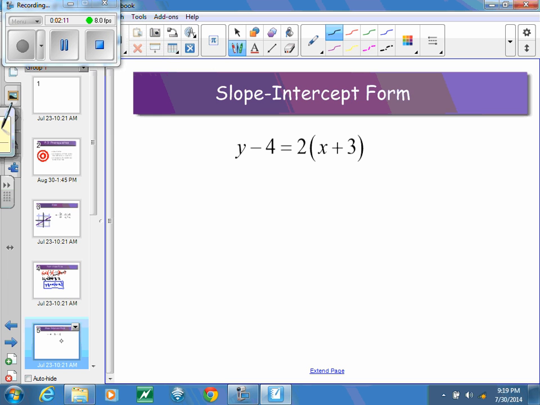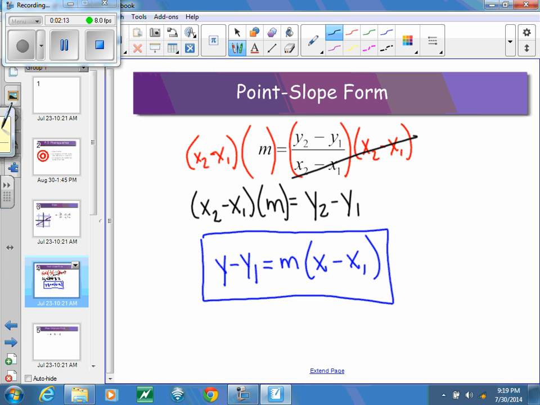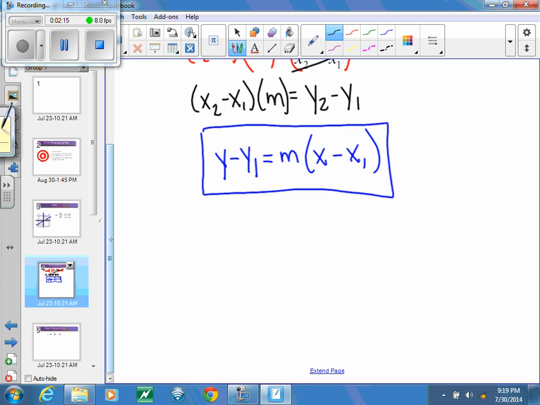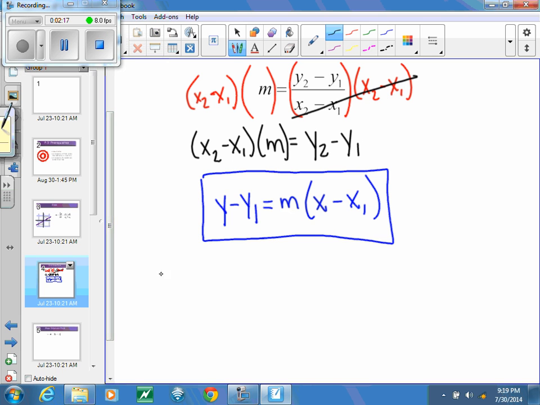So to show you an example here, let's say we have an equation that has a slope of, let's go 4, and it goes through the point of 2, 7. So if I'm going to go through this here, I'm going to go ahead and plug in the 2 in for x1, 7 in for y1, and 4 is going to go in for our slope.